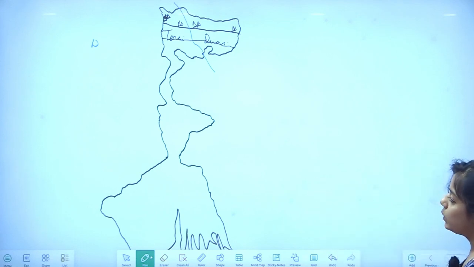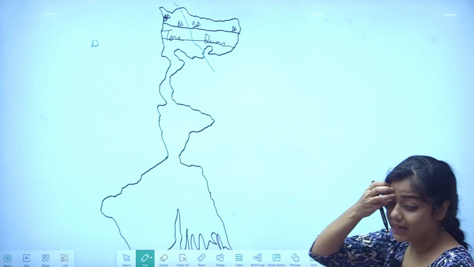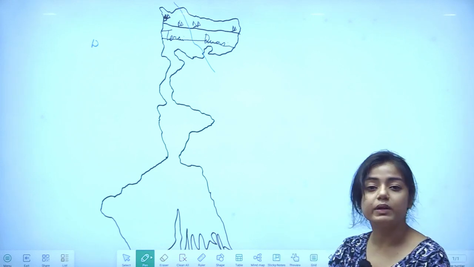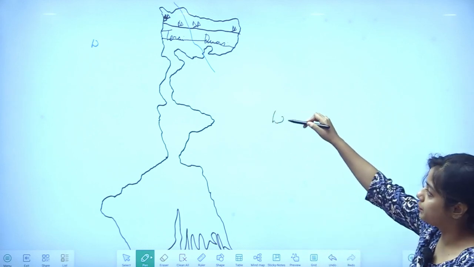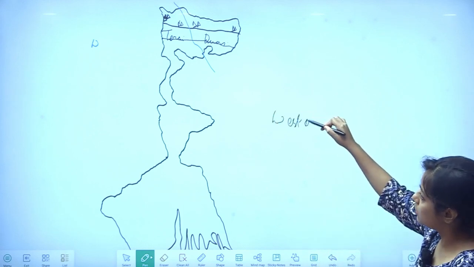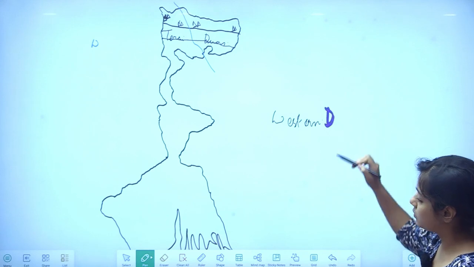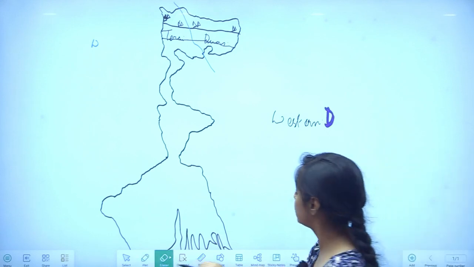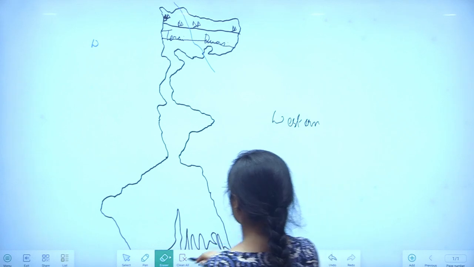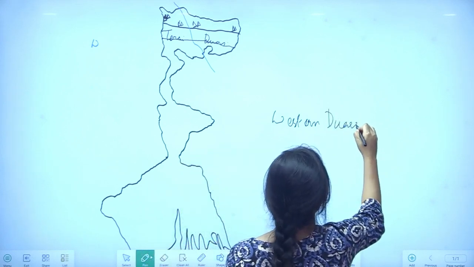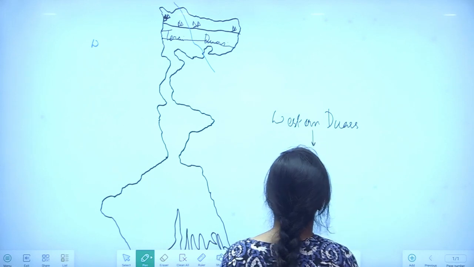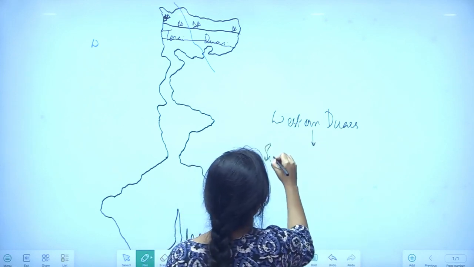So here we have to know that the Duars have been split into three parts. The western Duars, which is Shiliguri.